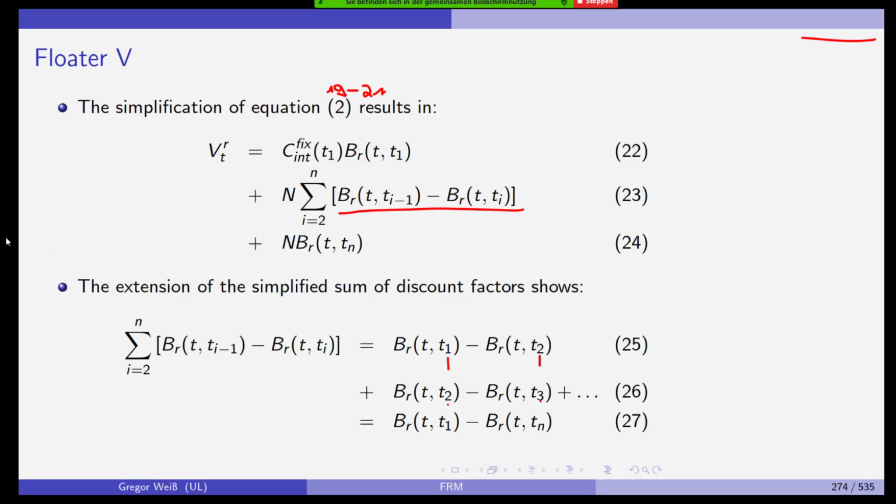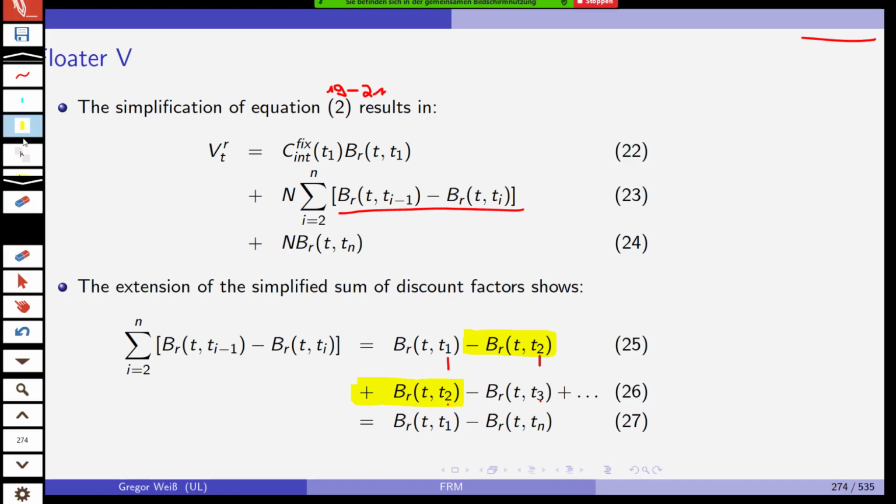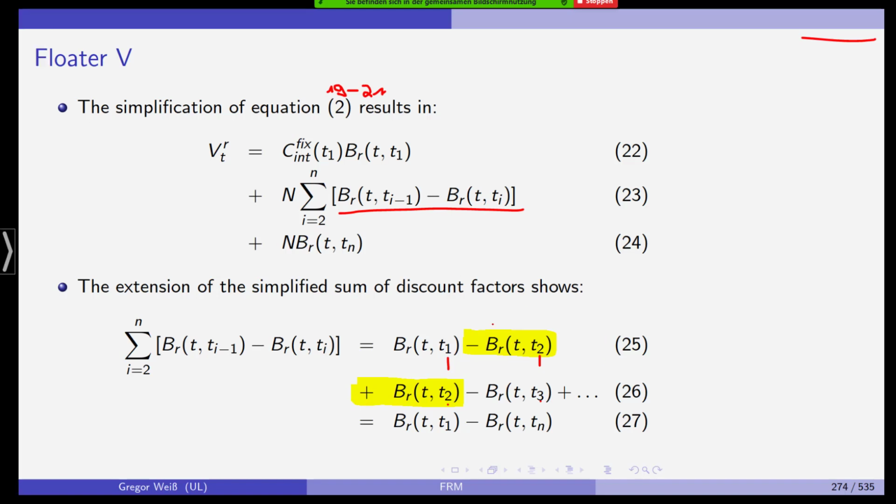But what you can see is that we have minus T2 plus T2, so this vanishes. This becomes 0. It goes on. T3 plus T3 vanishes. Minus T4 plus T4 vanishes. And so on. And all those terms here cancel each other out.